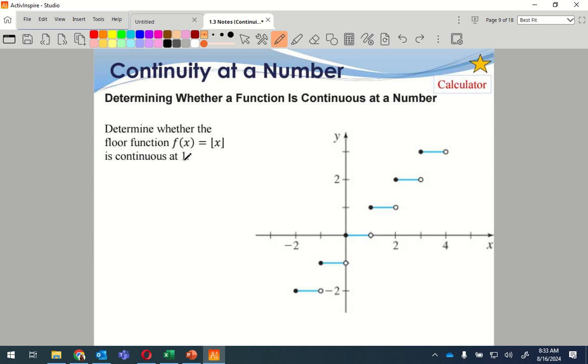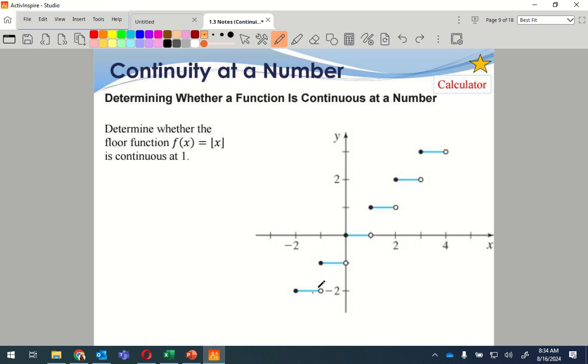And as it goes to 2, you notice right here, as it's going up, it goes up to the next number. So that's what a floor function is. It's always going to be the lowest, or rounding down everything to the integer. That's what a floor function is.